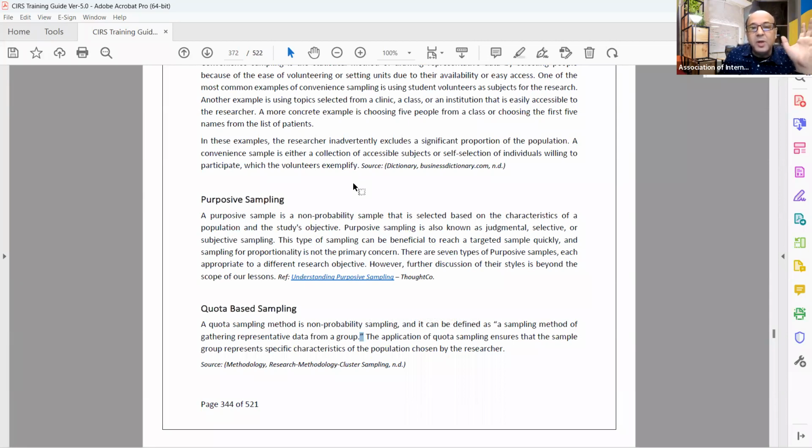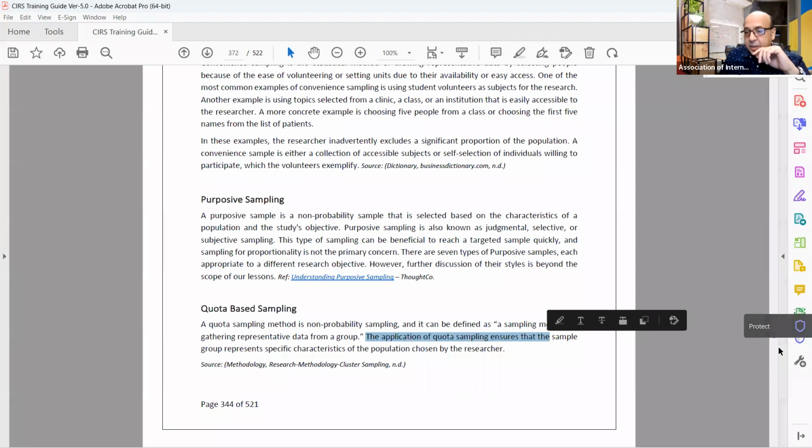It could be for different purposes, for medical reasons, for social science experiments, or scientific ones, whatever the nature might be. This is quota based, where you are looking for this sample in terms of numbers, or gathering a group that has similar characteristics.